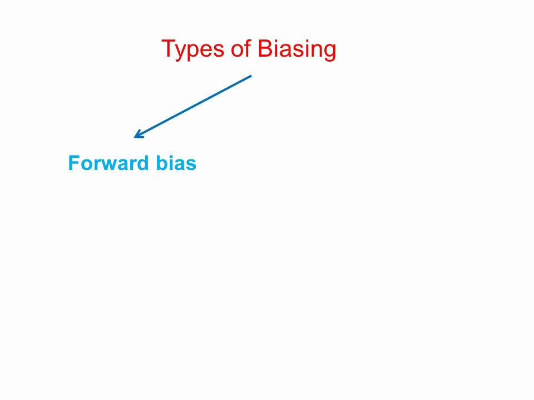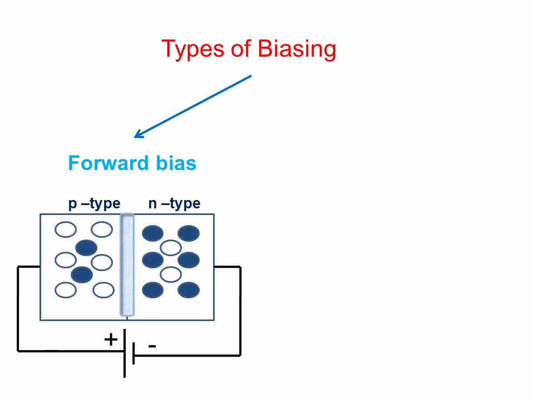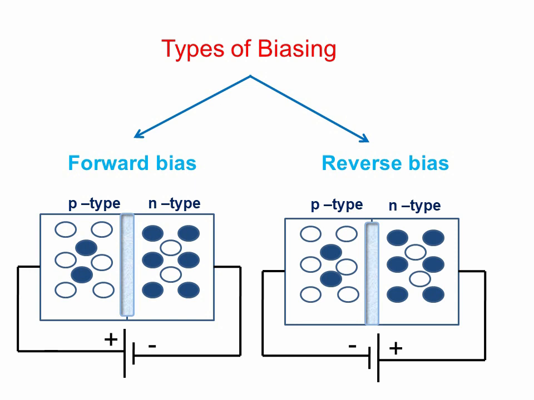One is forward bias, which is nothing but the P region is connected to the positive terminal of the battery and the N region is connected to the negative terminal of the battery. Whereas in reverse bias, the P region is connected to the negative terminal of the battery and the N region is connected to the positive terminal of the battery.